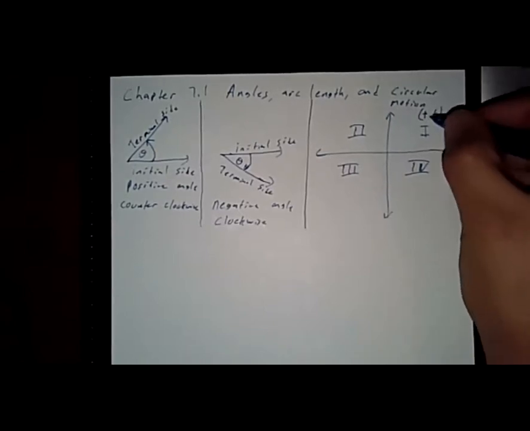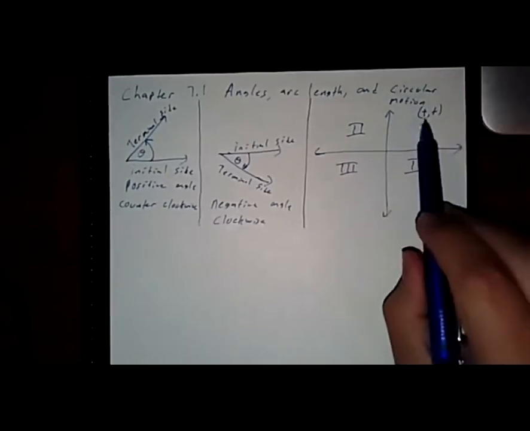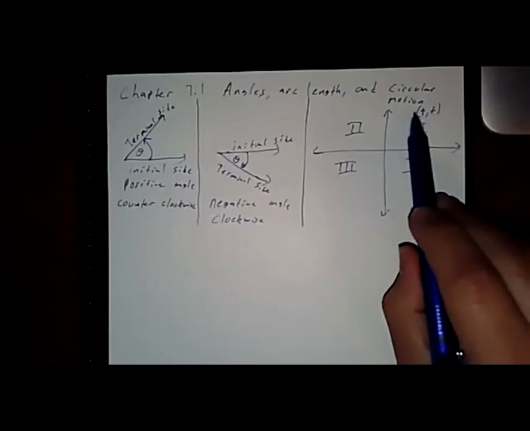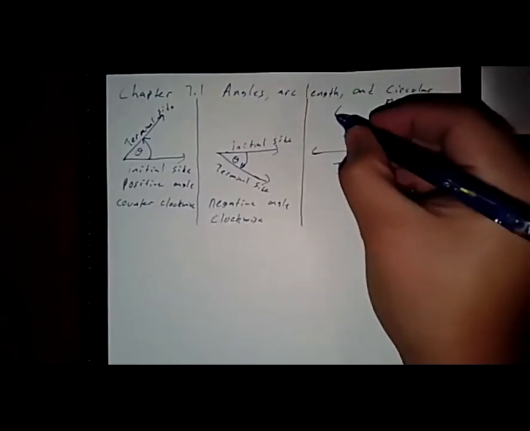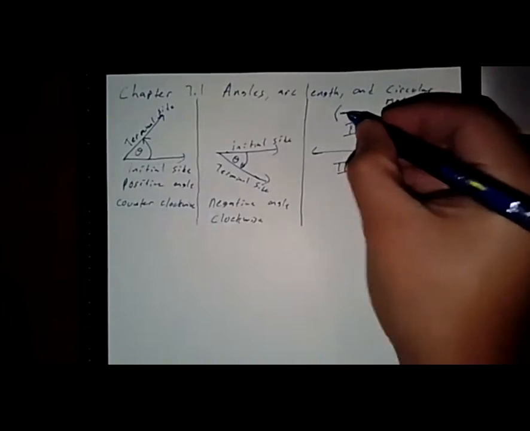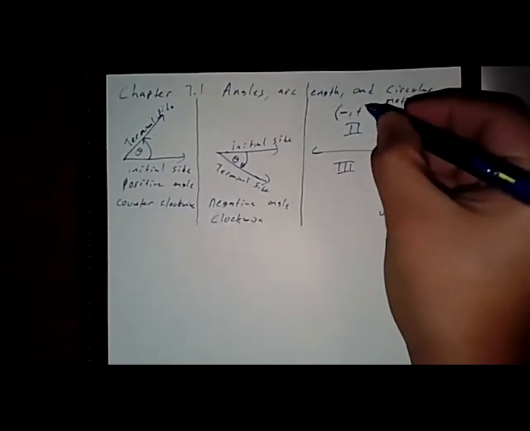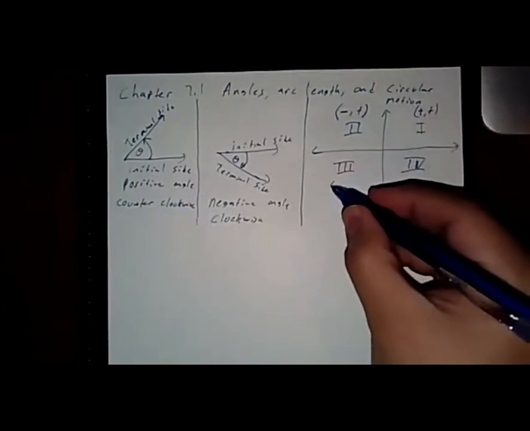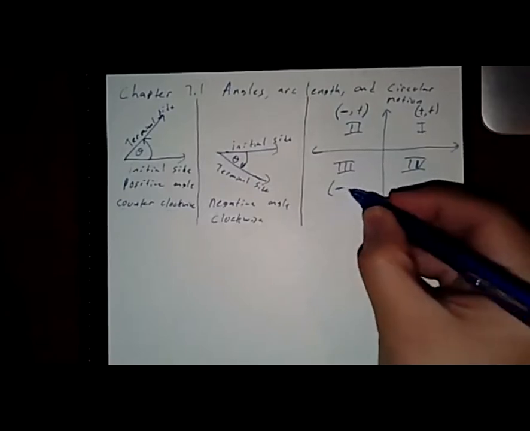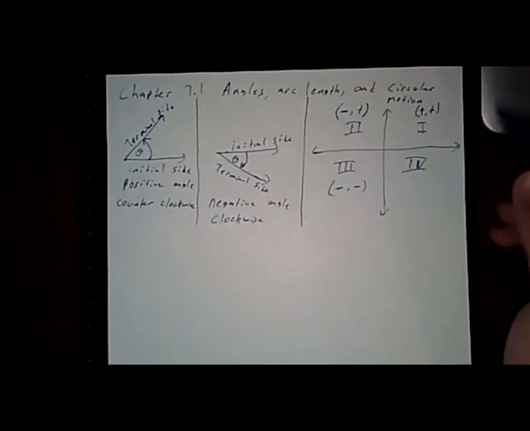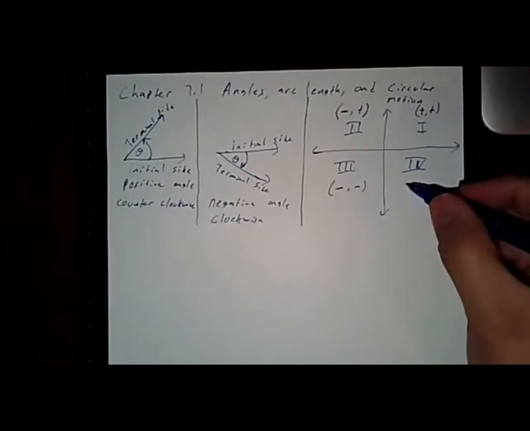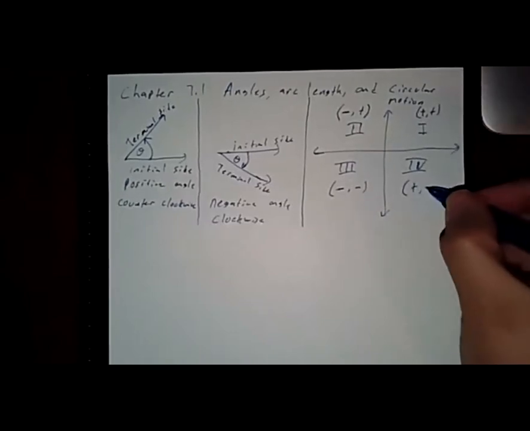X positive, y positive. You see what I mean? This is a coordinate. Over here, x is negative, y is positive. Over here, they are both negative. So this will help you, when we start using the circle, make things a little simple. Over here, we have plus negative.